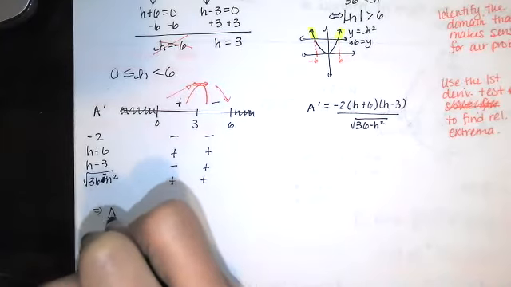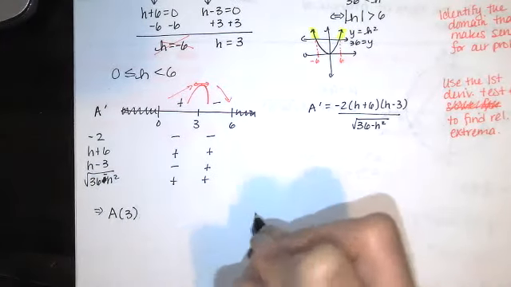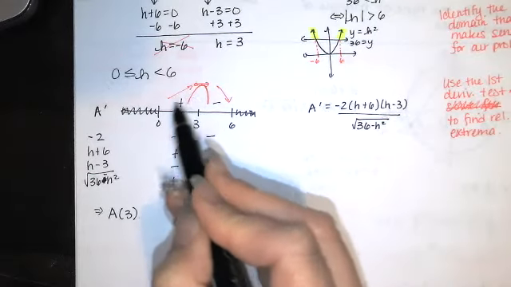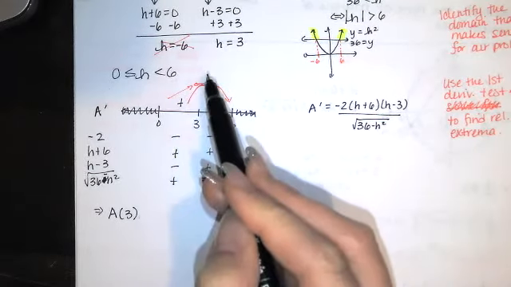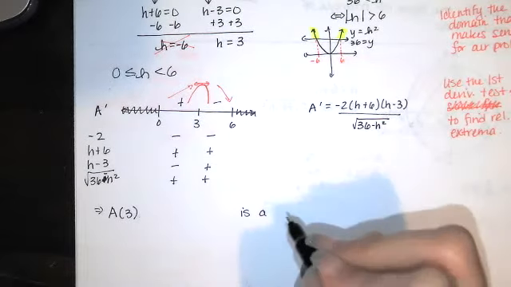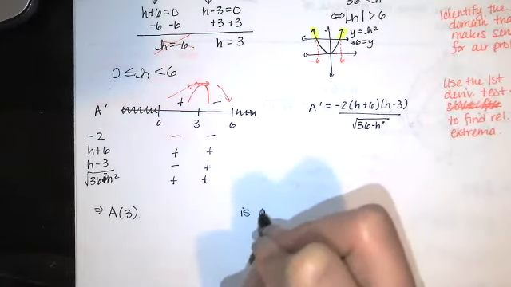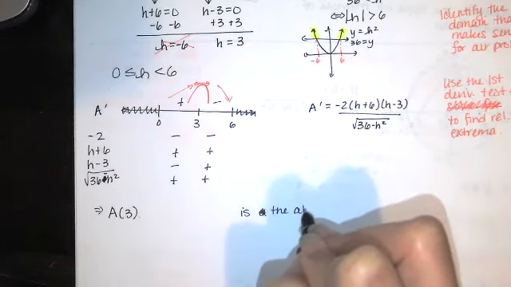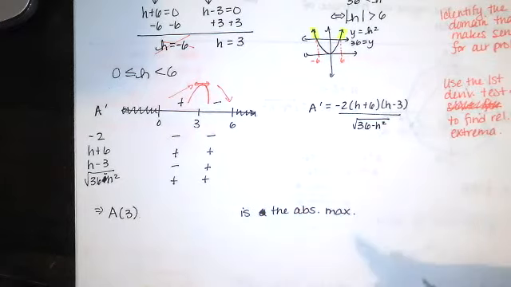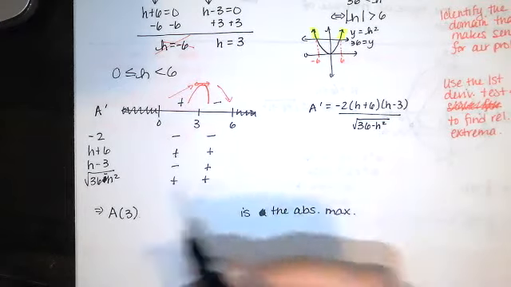So a of 3 is a relative maximum. And you can see that if this is our domain, if it starts low and then it goes high and then it comes back down low again, that has to be the absolute max. So it turns out to be the absolute maximum of the function on the implied domain.